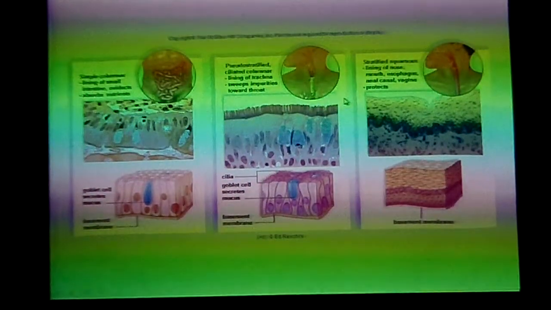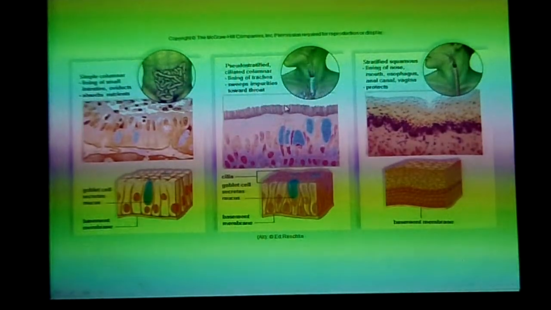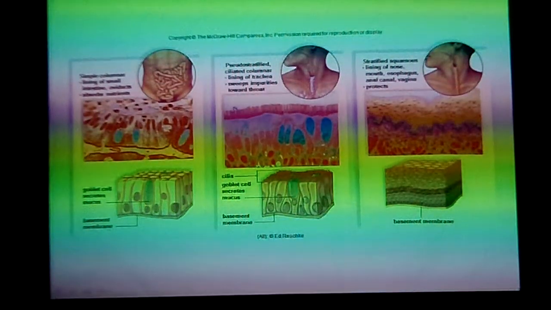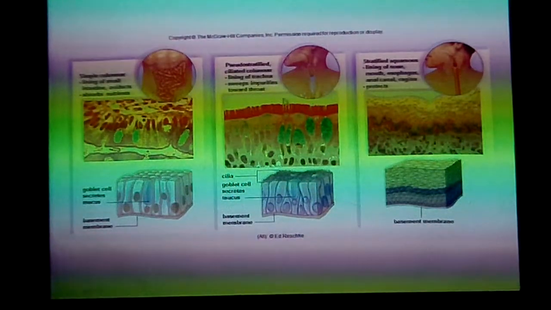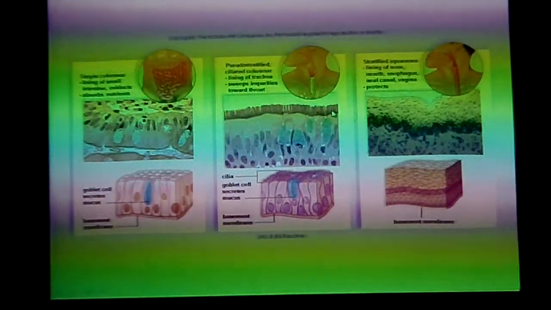All the bad stuff from the cigarette smoke will get caught by these little hairs, and these little hairs will push the bad stuff back out, and then you cough it up. That's why you're always clearing your throat, you smokers out there.